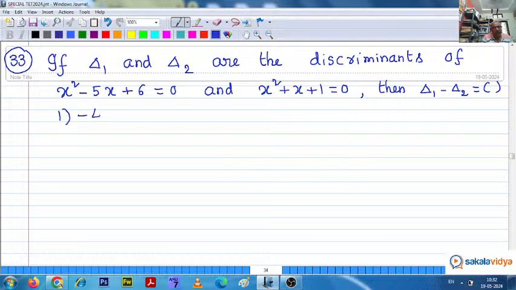First option -4, second option -3, third option 4, fourth option 1.